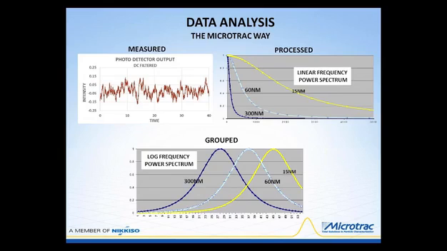So the first process that we go through is to convert the noise signal into a power spectrum. In other words, measure the frequency content of that noise signal and create a power spectrum, which is shown on the right.